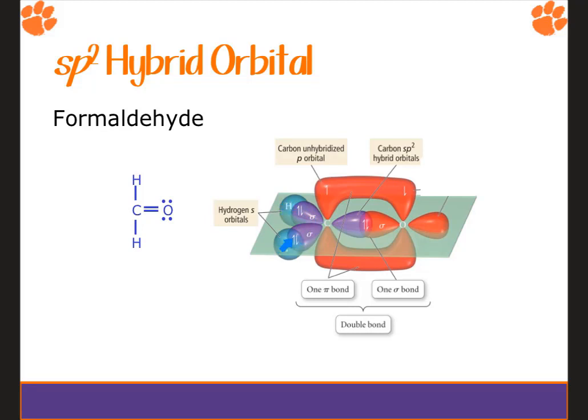You've got the same down here. Your other sigma bond is between an sp2 hybrid orbital and one of your unhybridized orbitals from oxygen. And then you've got your leftover p orbitals from carbon that were not hybridized, to make that pi bond. And then oxygen still has a lone pair. It's got 2 lone pairs, actually.